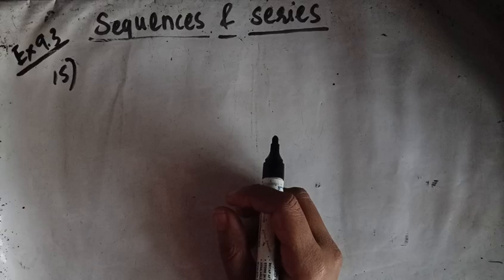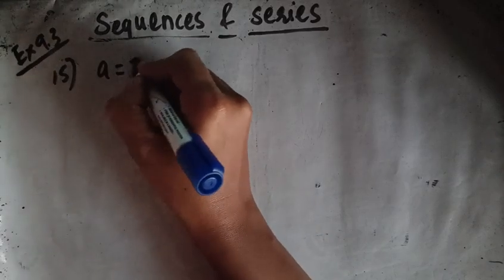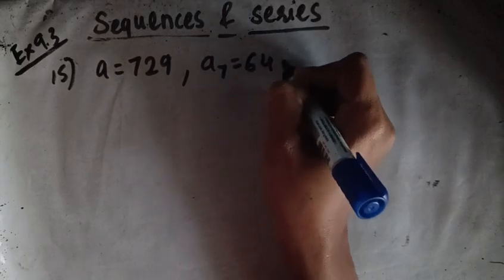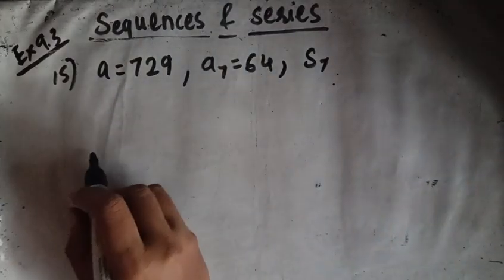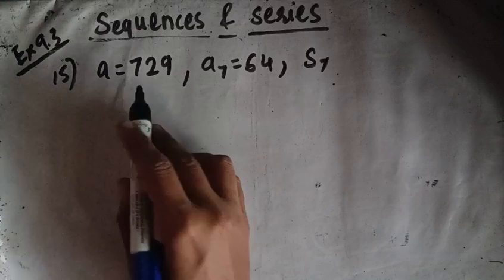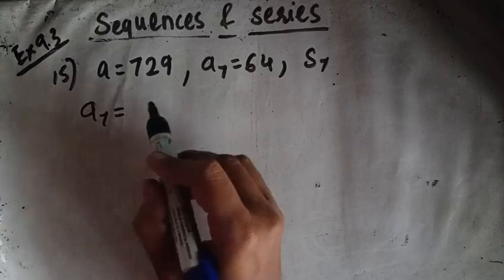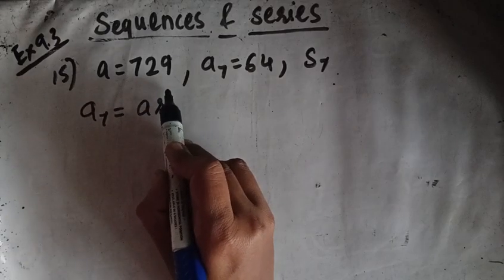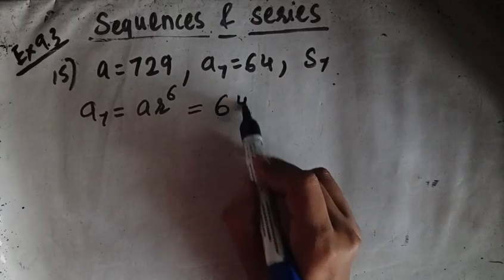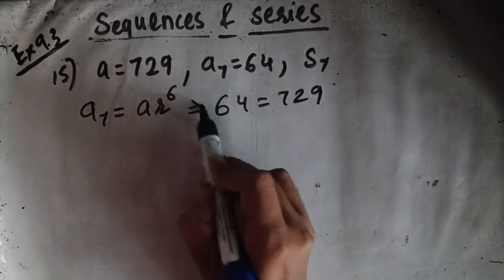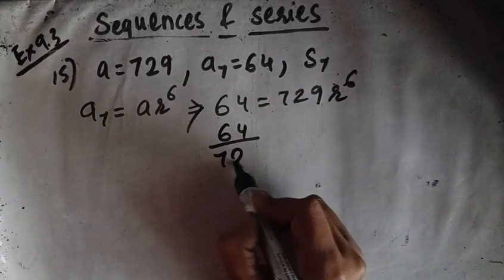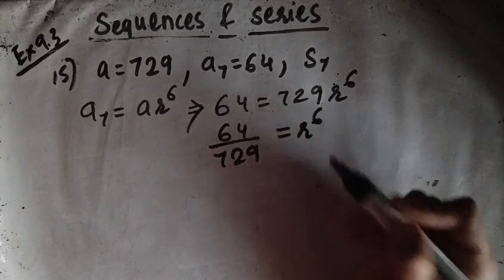Question 15, given a GP with a as 729 and seventh term 64, you have to find S7. Okay. So a7 is given, a is given, so we can find r from this. a7 is ar to 7 minus 1, 729, 64 divided by 729, r is to 6.